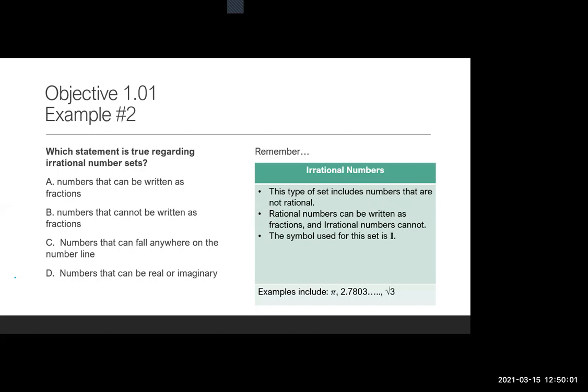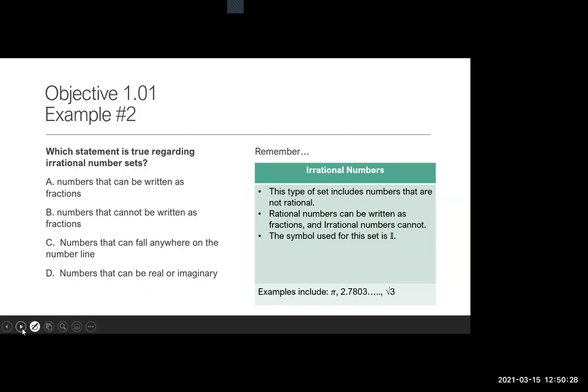So again, we go back to our irrational part of the chart. It tells us that irrational numbers are the type of set that includes numbers that are not rational. Rationals can be written as fractions. Irrational numbers cannot. So which of these is true? Yes, thank you, Rocky. Thank you, Kellen. B. Irrationals are numbers that cannot be written as fractions.